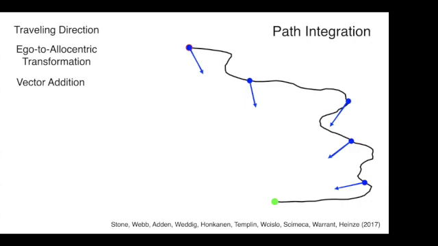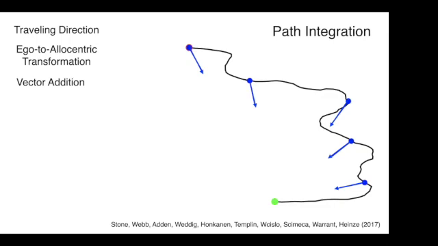I would urge you to read it. It's very elegant. In particular, what it generates, no matter how an insect moves along, is a vector pointing back to the home direction. And in animals like ants and bees, that's a very important signal.